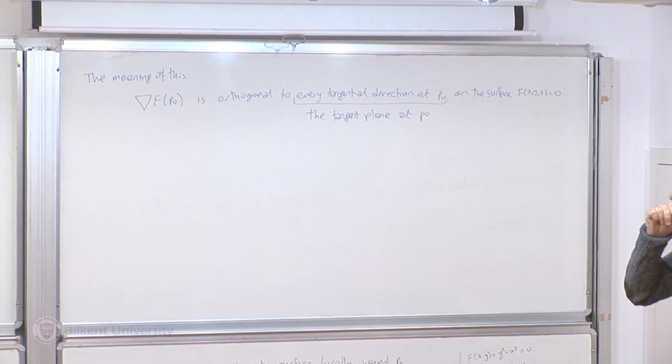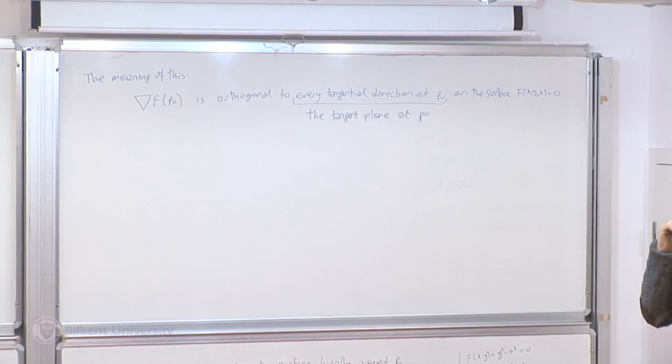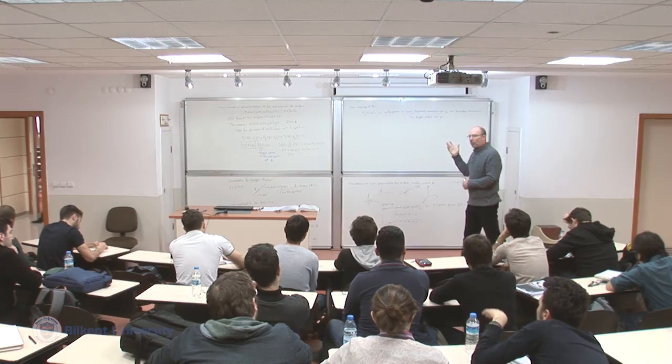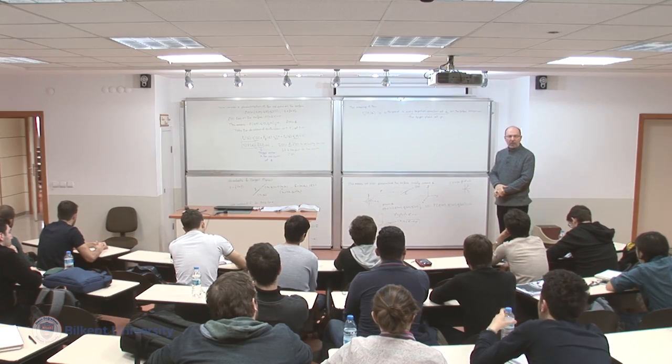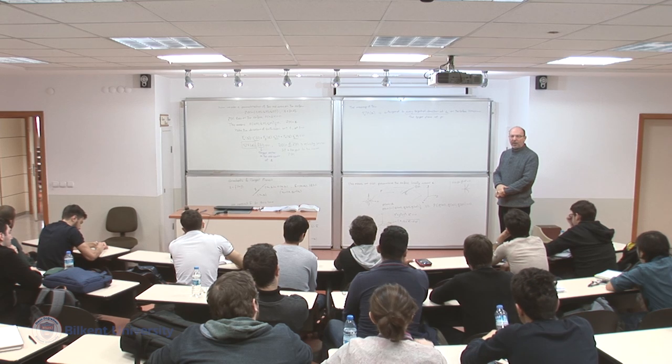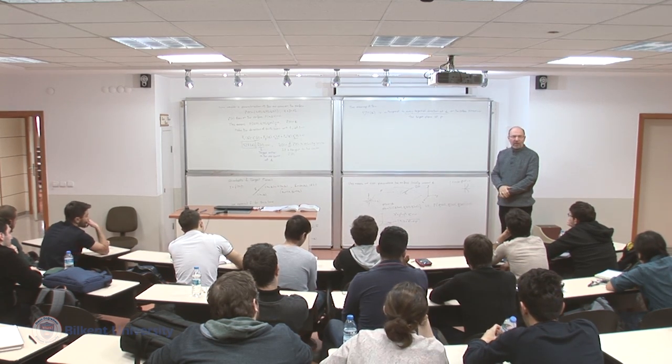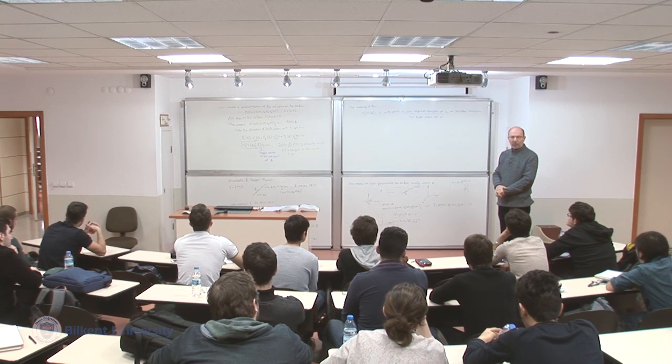Okay, so now we can write the equation of the tangent plane, going back to three-space, the tangent plane to the surface at that point. We need 2 pieces of information to write the equation of a plane: a point where the tangent plane passes, p sub 0, and a direction which is orthogonal to the plane. Well, this is the gradient.